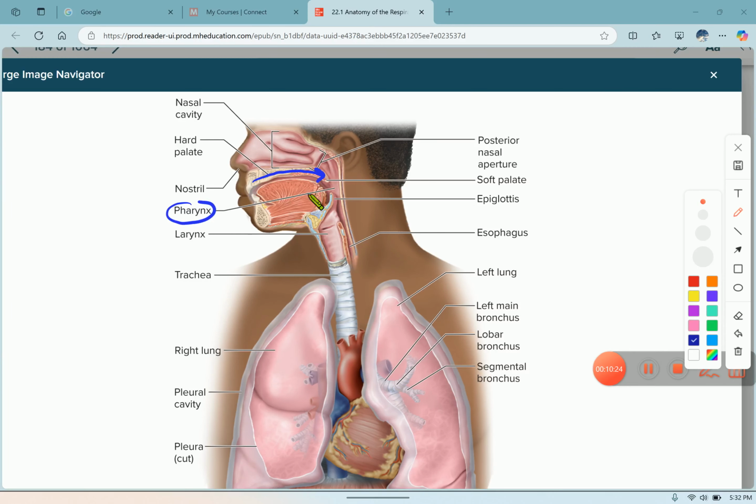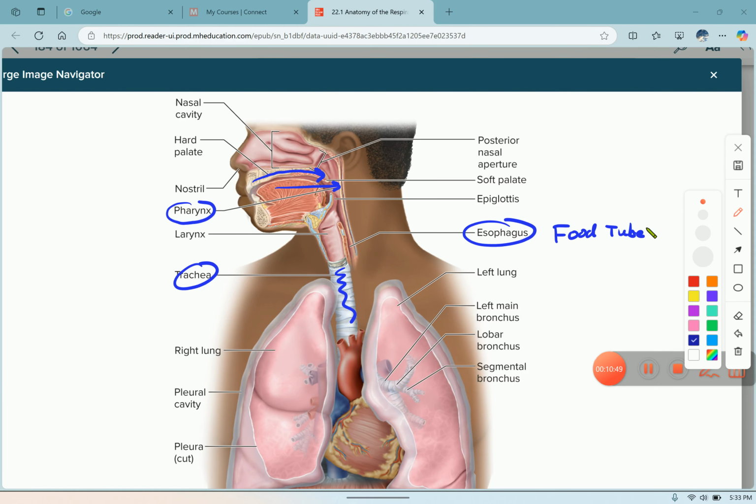The pharynx is the back of the throat, and this is the trachea. So this is your windpipe, and behind the trachea is the esophagus. That is our food tube.